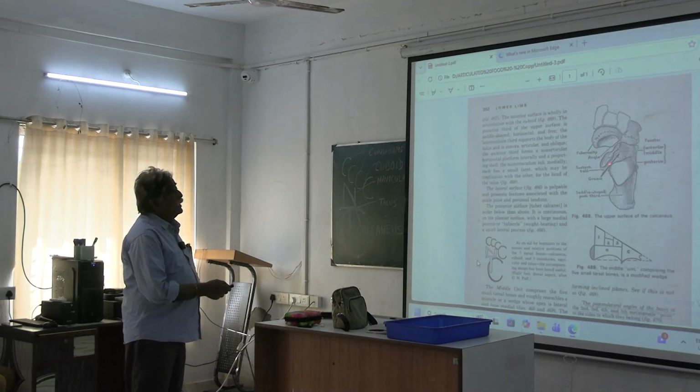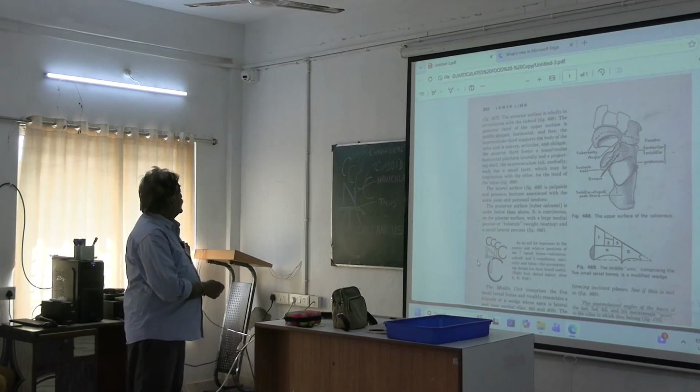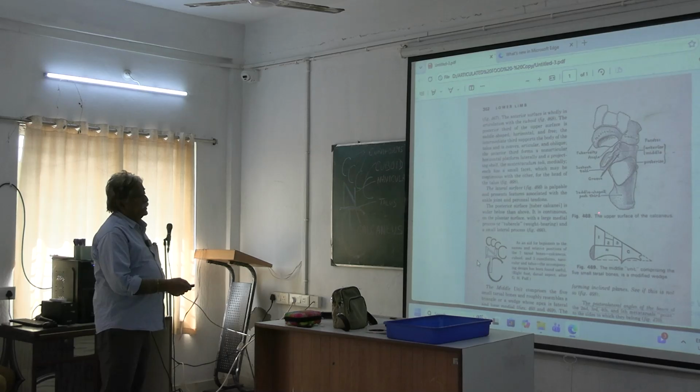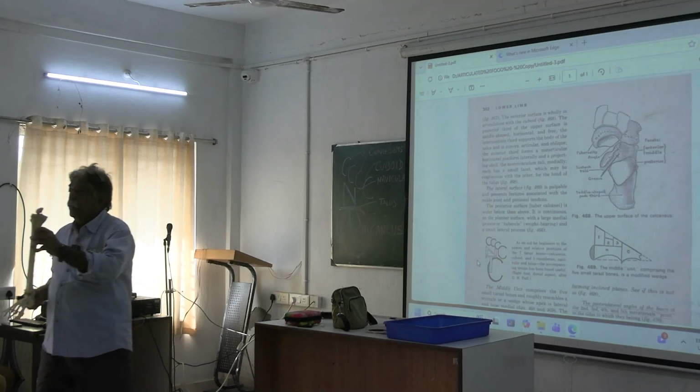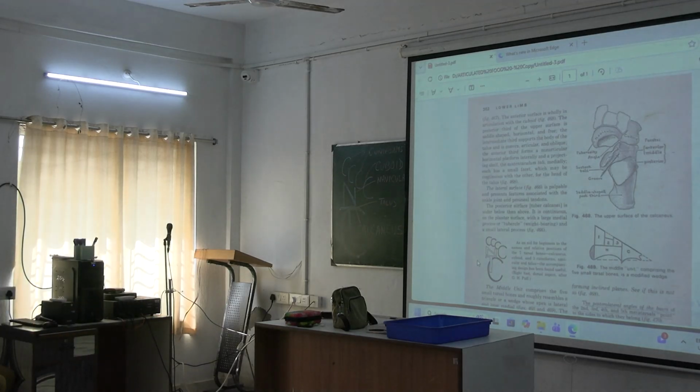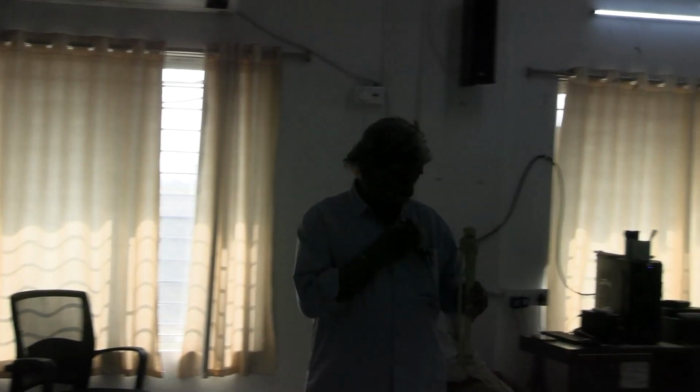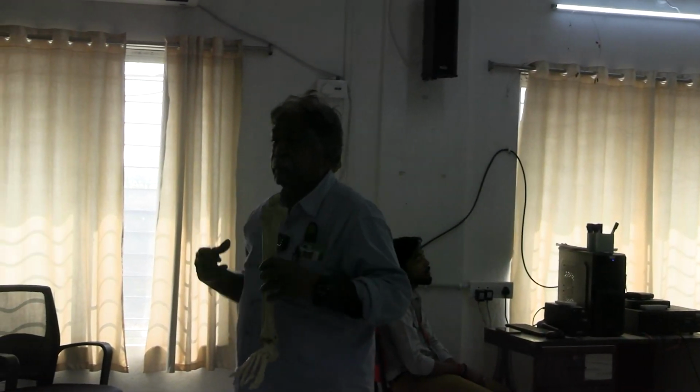This is your Talus, Navicular, Talus, Calcaneus or Calcaneum. You see this arrangement. This is the thing, you hold it, medial malleolus. I think I have to have big pockets.